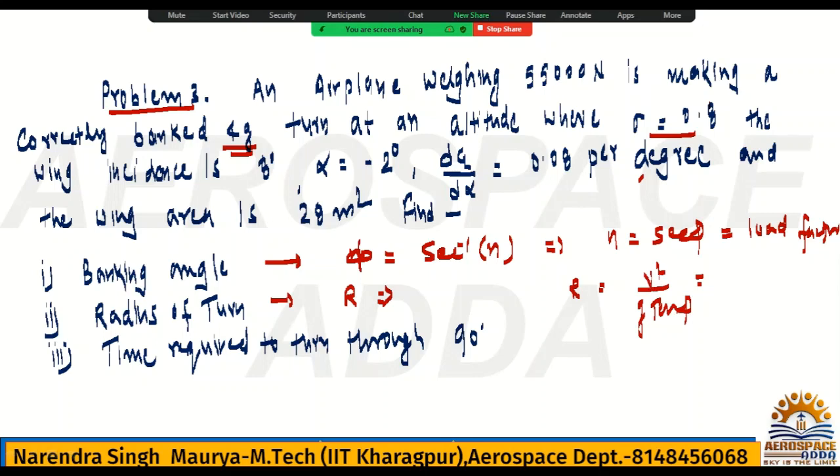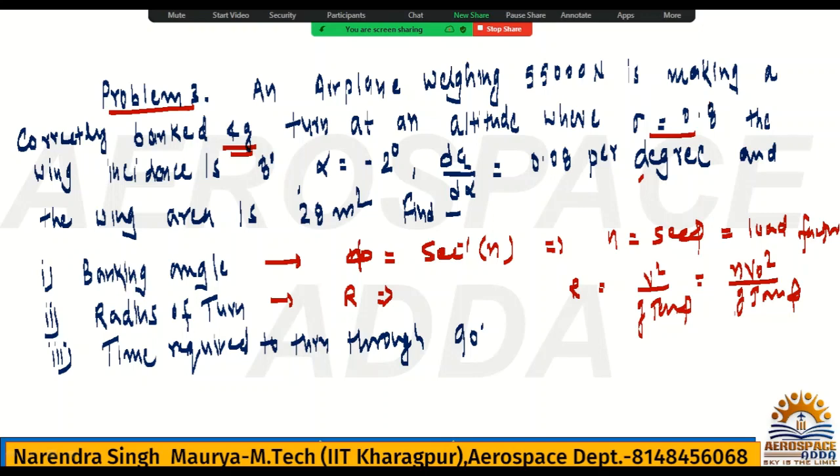This V you can also write in terms of the steady level speed V naught, so R is n into V naught squared divided by g tan phi.